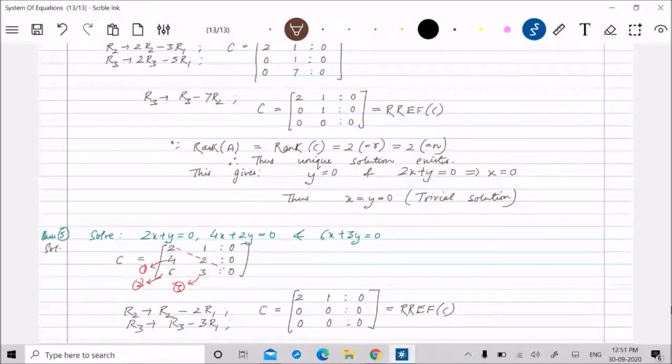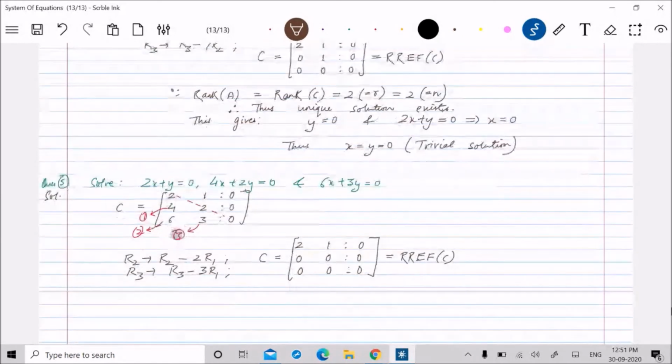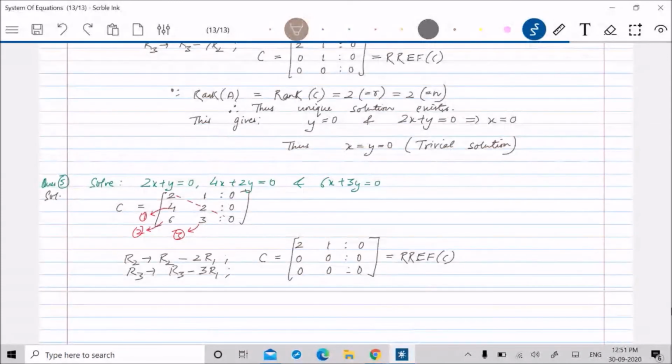You can see that this is a nice echelon form where you have no leading 0 in row 1, 3 leading 0s in row 2, and 3 leading 0s in row 3. Of course, the number of leading zeros in row 2 and row 3 are the same.